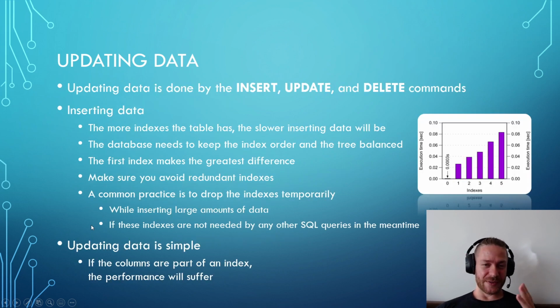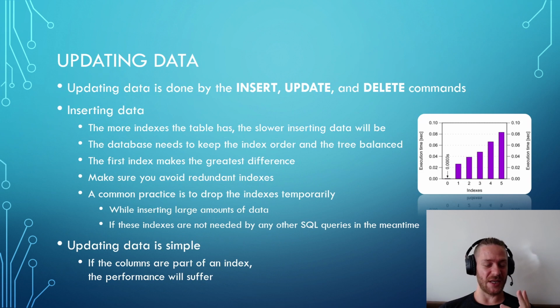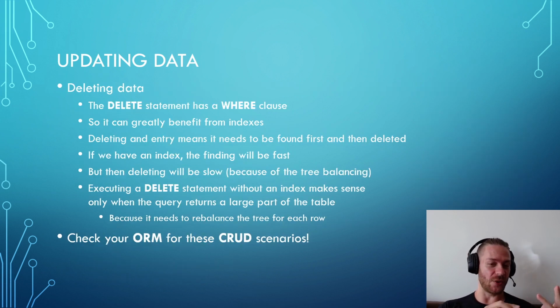For this tree operation, inserting, updating and deleting, make sure you check your object relational mapper. If you're using Entity Framework or Dapper or whatever, make sure you check what kind of operations it generates, because you may need to add an additional index if the object relational mapper is not providing optimized queries.